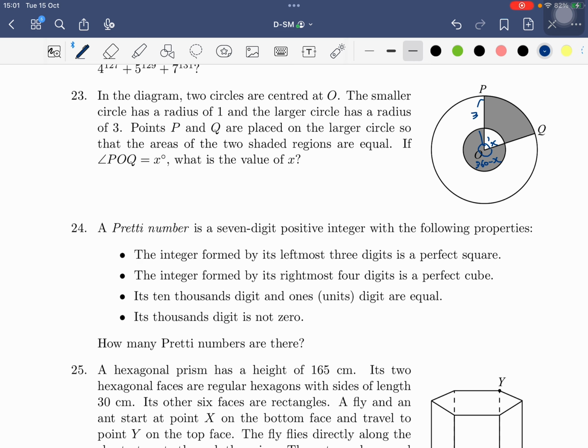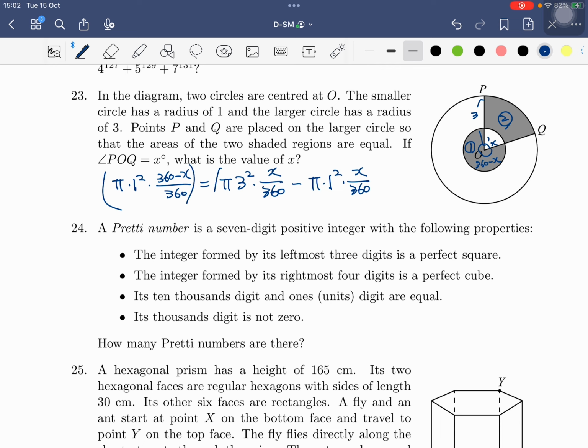So let's say here number 1, number 2. Let's say the area of number 1, pi r squared times (360 minus x) over 360 equals pi r squared times x over 360 minus, because it doesn't include this smaller sector, pi r squared x over 360.